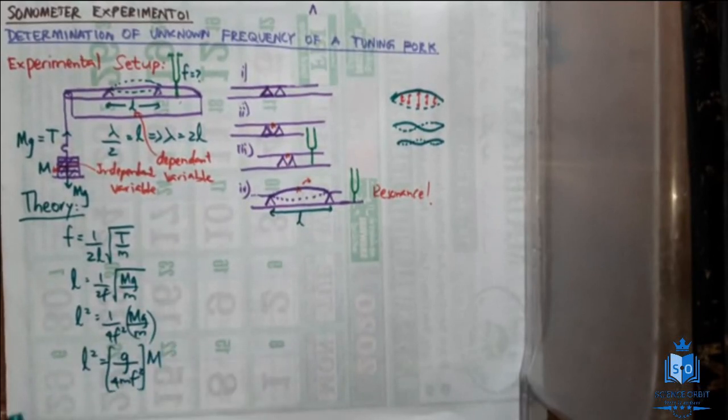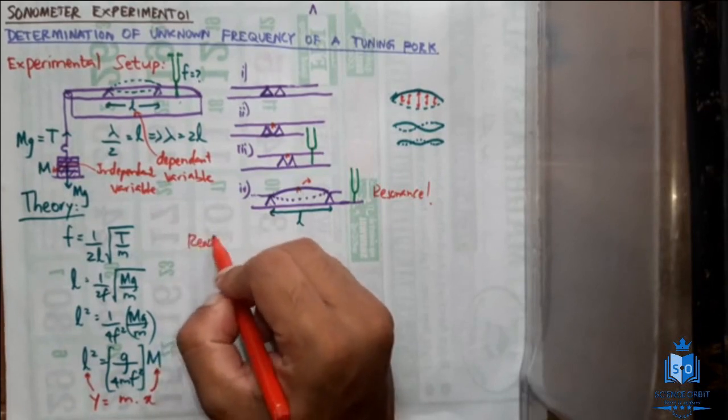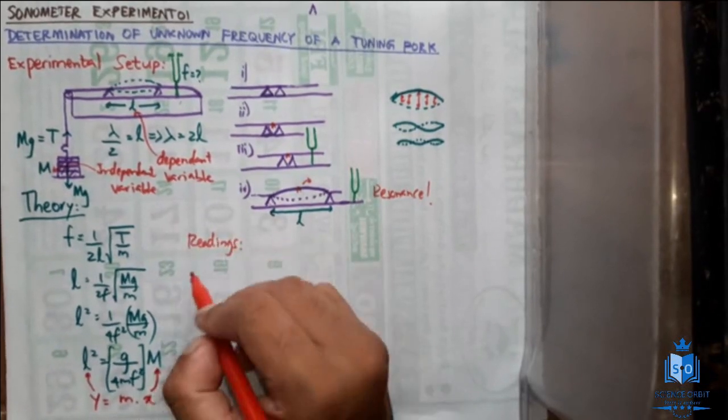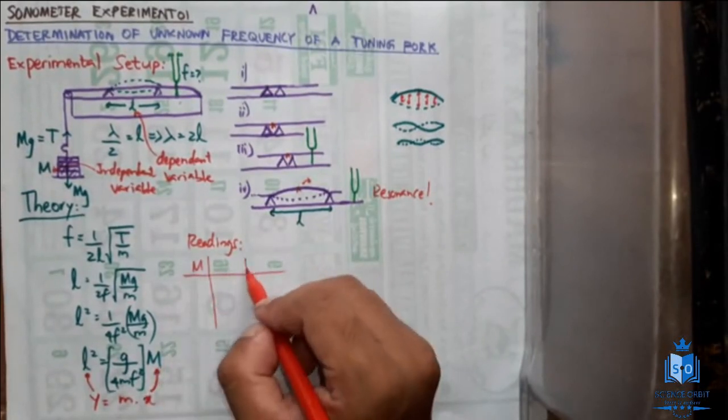So, when you have a look at it, you see it has the form y equals mx, where capital M will be on the x axis, and L squared will be on the y axis. L squared is going to be our dependent variable in the sense that it is going to be on our y axis. So, the readings we are going to take, for different values of M, we are going to measure L values.